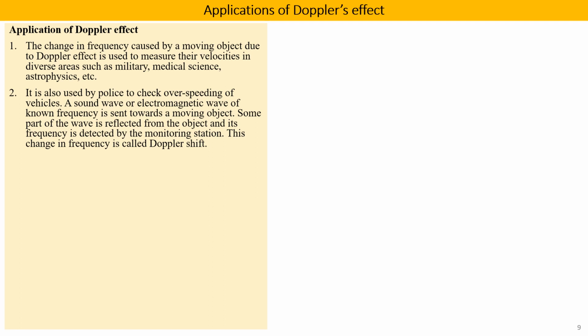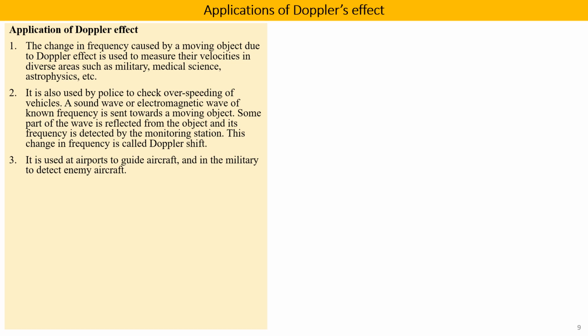In this process, a wave is sent towards the moving object, and a part of it is reflected back from the object, and its frequency is detected by a monitoring station. This change in frequency is called the Doppler shift.